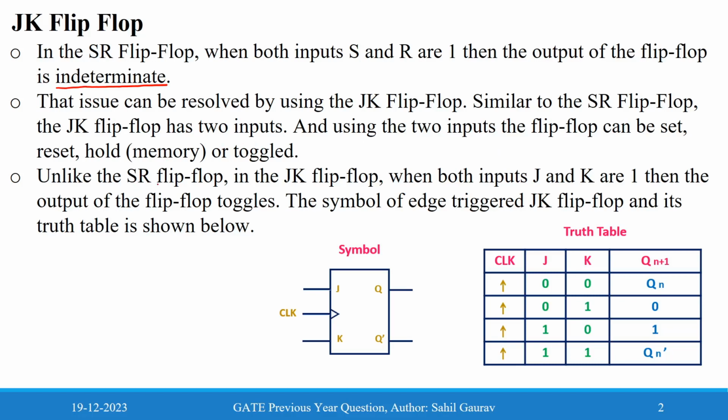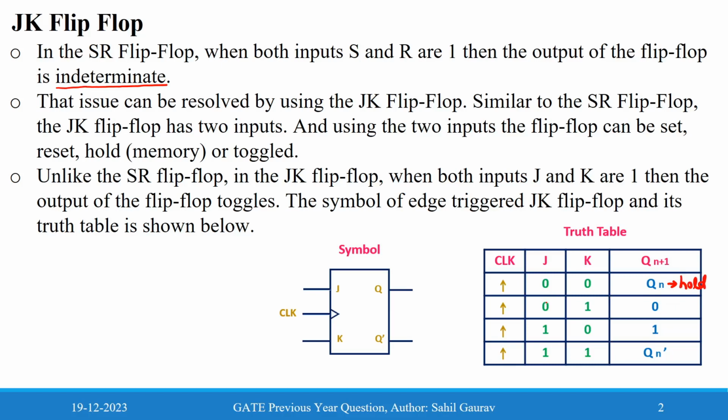Unlike the SR flip-flop, in the JK flip-flop when both inputs J and K are 1, the output of the flip-flop toggles. The symbol of the edge triggered JK flip-flop and its truth table is shown over here. In the truth table, when both inputs are 0, 0, the output is the hold condition or memory, the previous state.